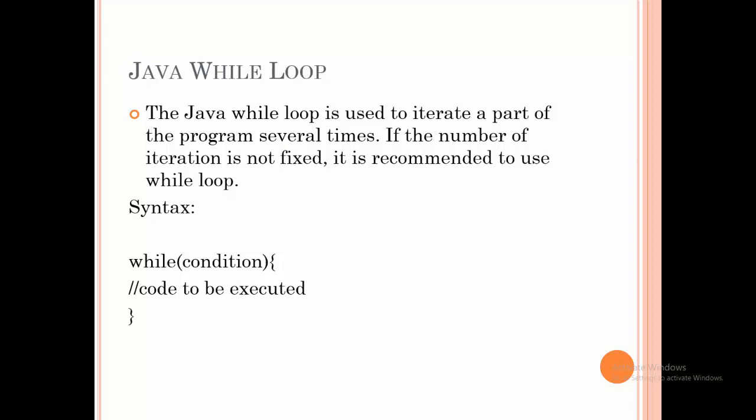In if we have a condition, if it is true, it will print the statement. Like that, while also has a condition, and until it gets false, the code will be repeatedly executed.